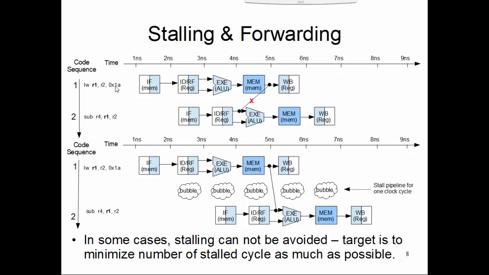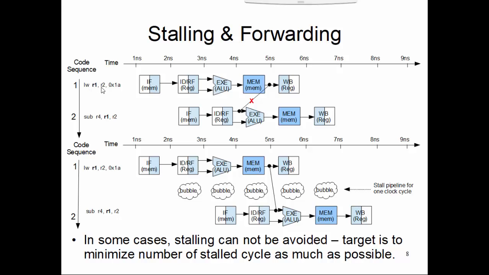Here we produce the value at the end of the memory stage, not at the end of the exe stage, because it's a read memory operation. So we need to wait till the memory operation is done, which means the updated value of R1 will be available at the end of the memory cycle, which is at 5 nanoseconds.